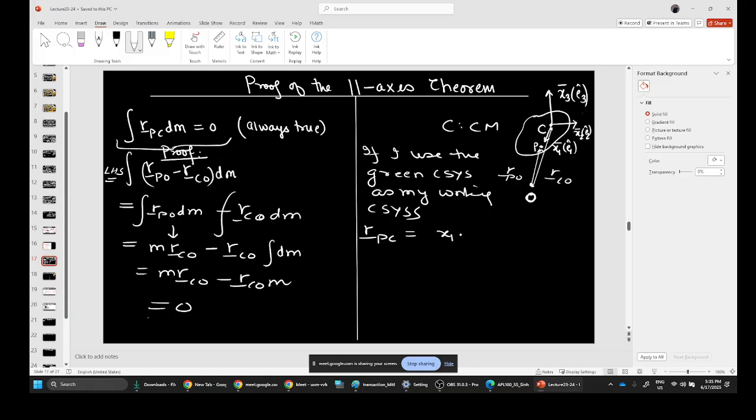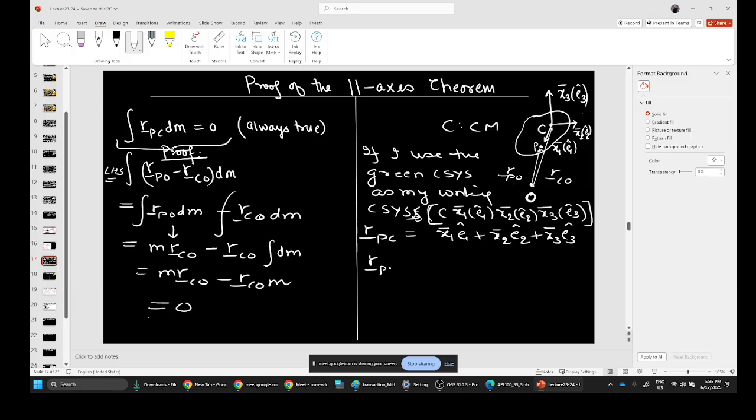So R_PC can be written as x1 bar E1 plus x2 bar E2 plus x3 bar E3. P is a typical point, so the R_PC vector will have these components.